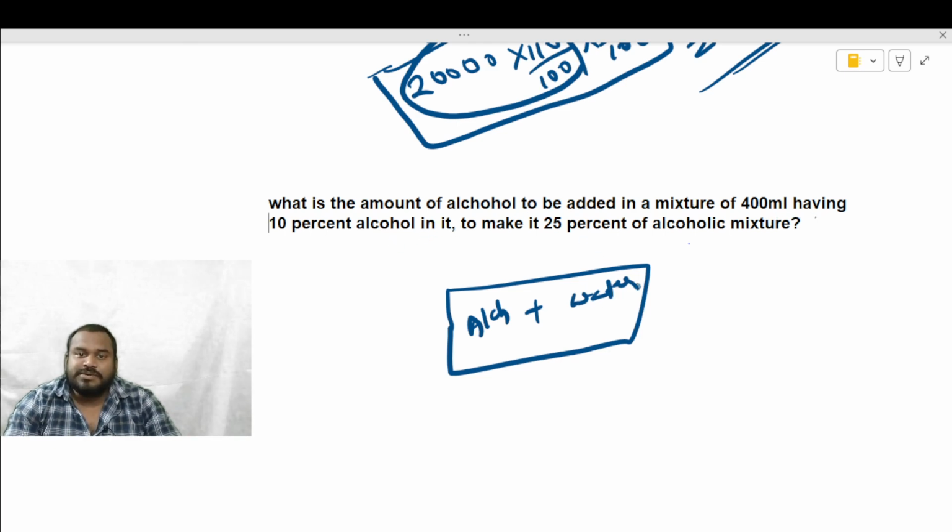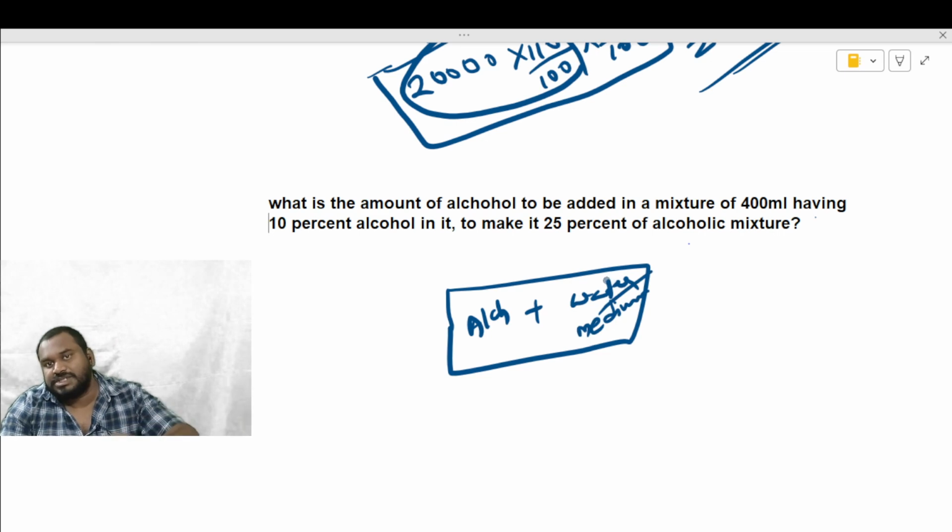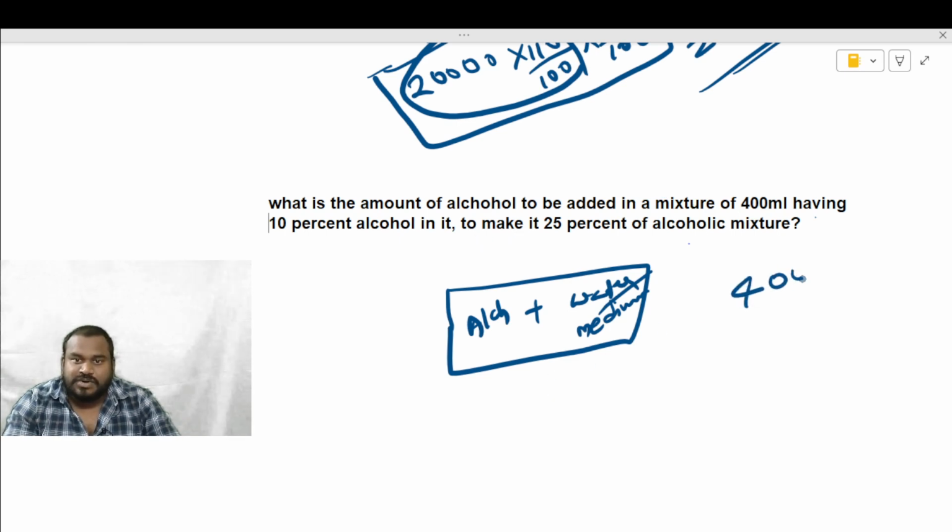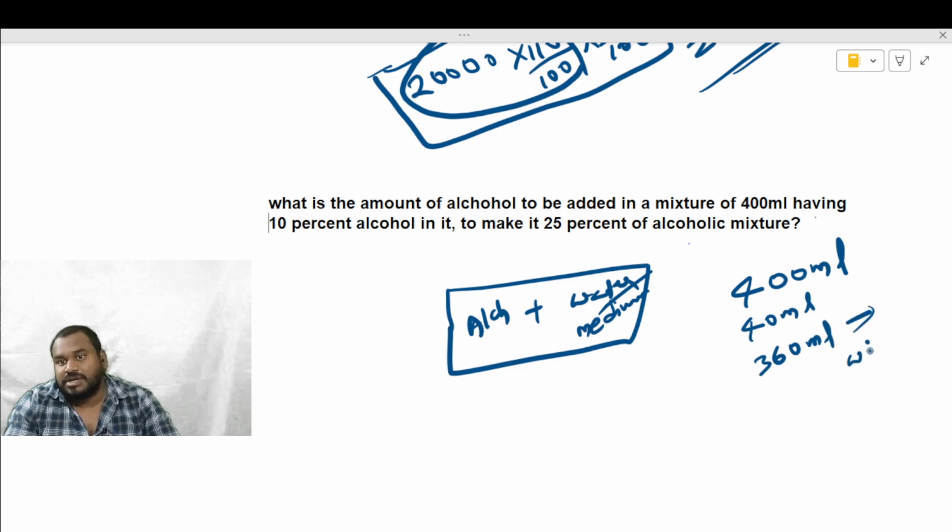This can be water or any other medium with which alcohol is mixed. There is 400 ml, in this 10% alcohol is there. It means 40 ml alcohol is there and 360 ml some other parameter, water or anything.